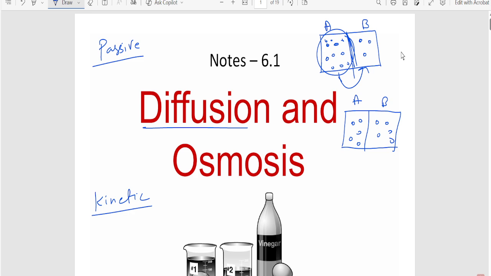Gas particles keep moving in random directions, so they have kinetic energy. Because of that they move from higher concentration towards lower. It is a passive process, meaning no energy or driving force is required. This is the basic idea.